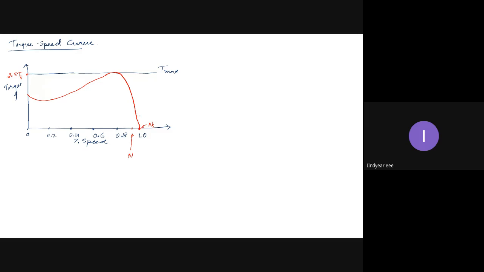And this is the speed n. Let me take the torque corresponding to this speed n as the full load torque Tf. And this torque let it be 1.5 times Tf.